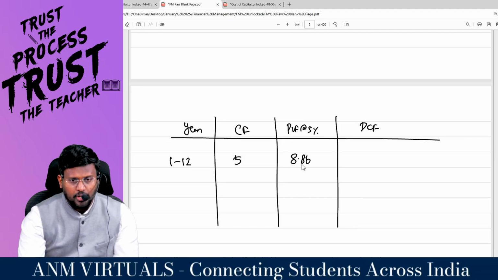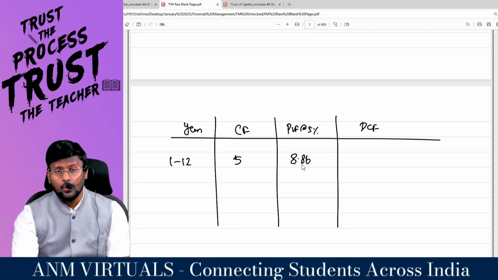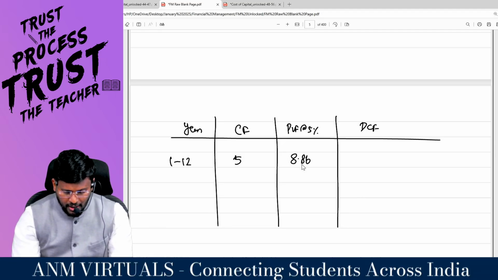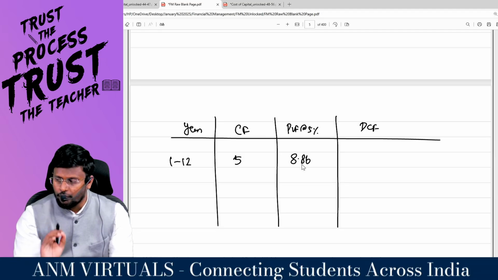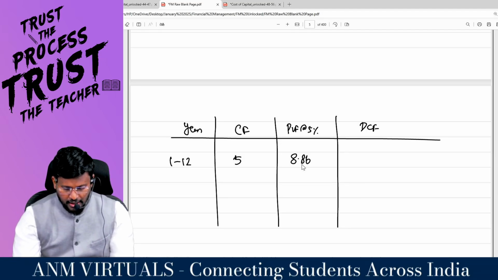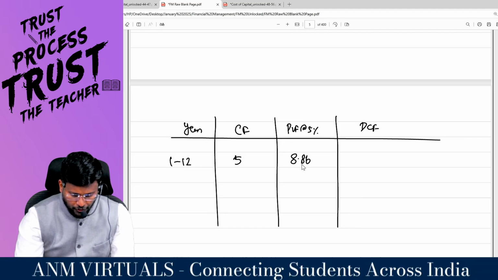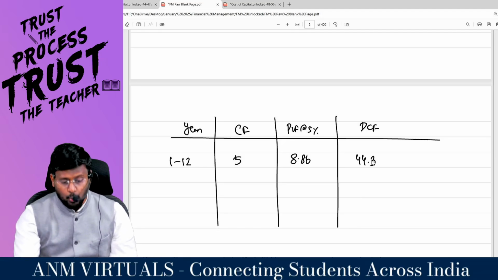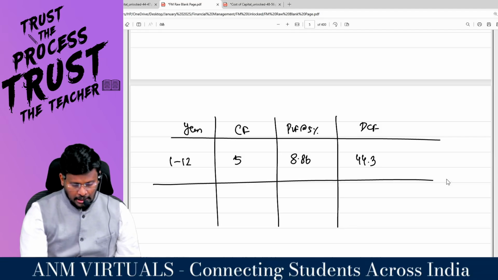That is at the discounting factor of 5% for 12 years. Fine. So 8.86 into 5 comes to 44.3, which is the discounted cash flow today.